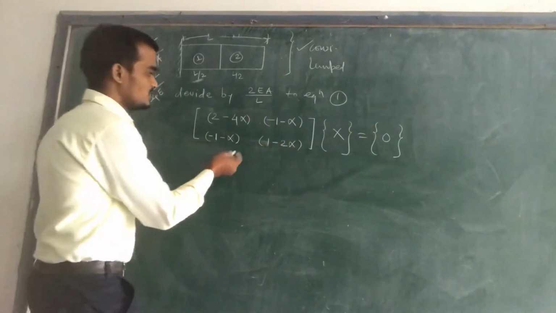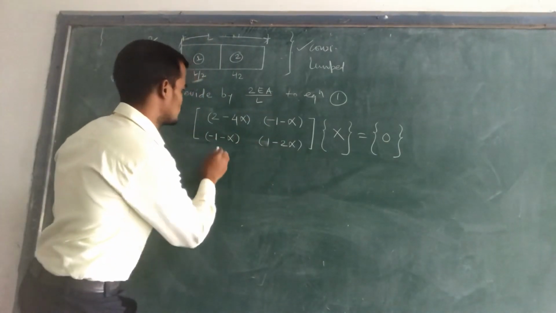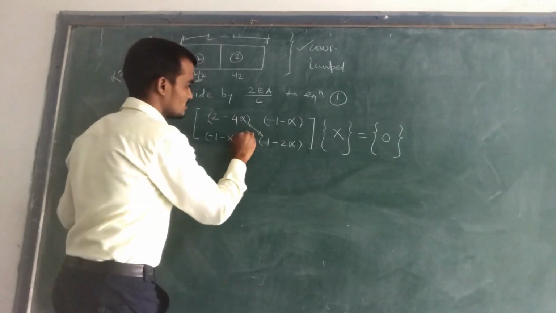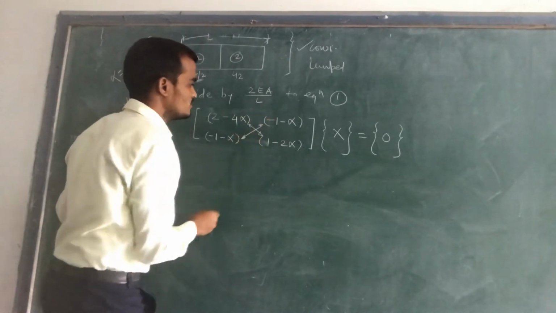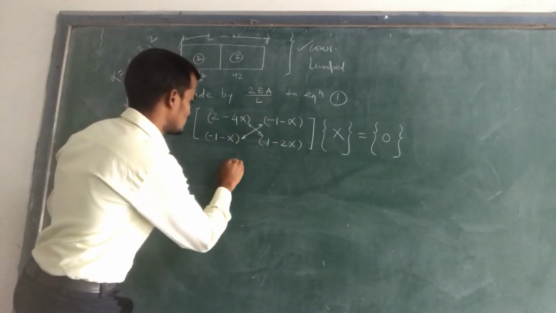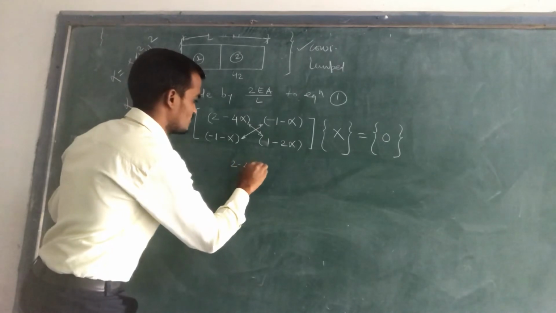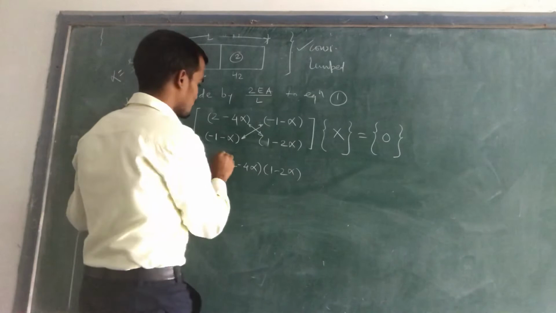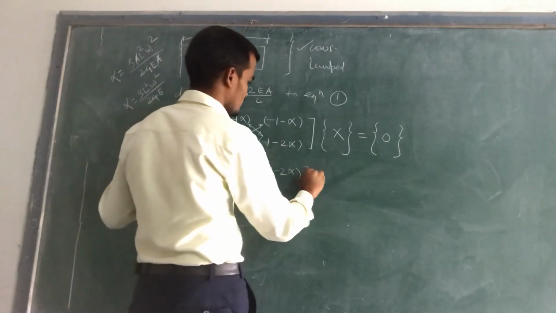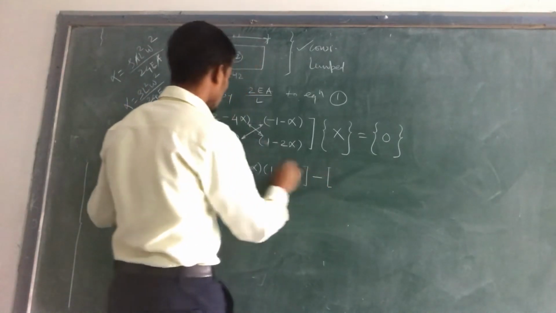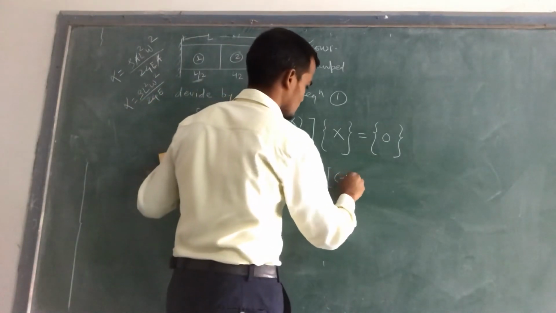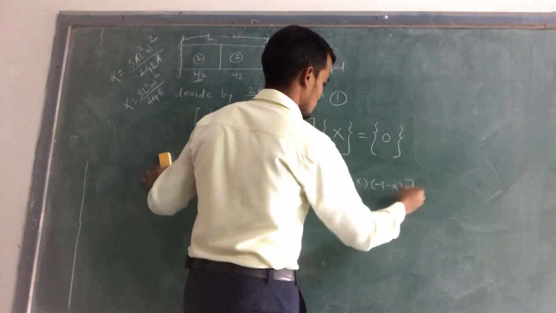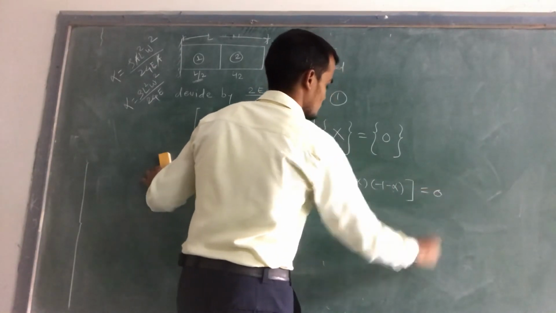Okay. So the determinant of this matrix. How to find this determinant? This multiplication minus this multiplication must be equal to 0. So (2 minus 4 alpha) into (1 minus 2 alpha) minus (1 minus alpha) into (minus 1 minus alpha) must be equal to 0.